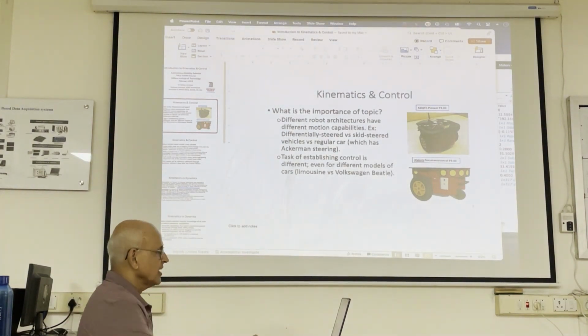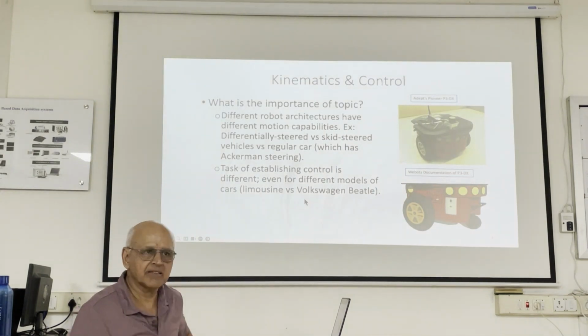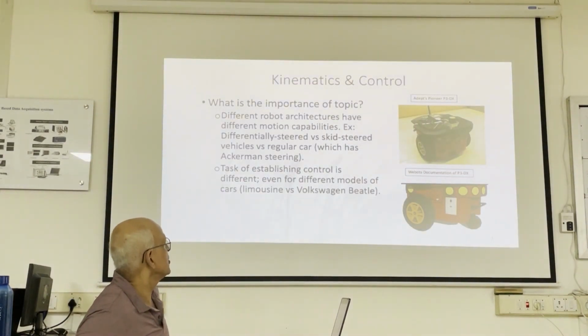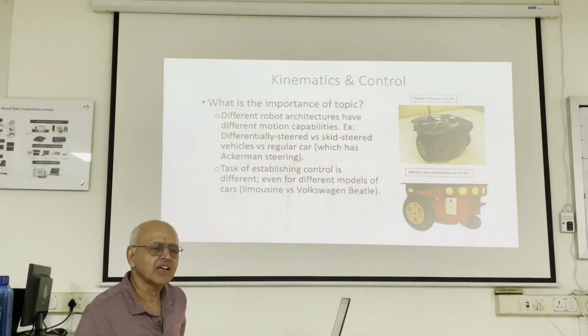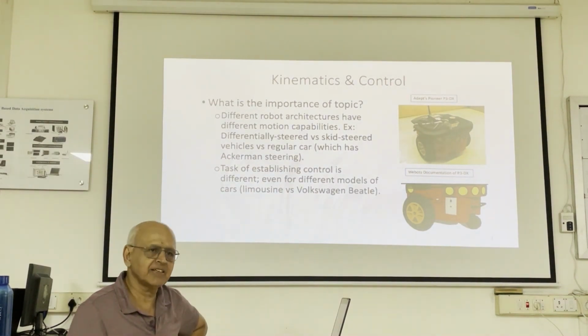Okay, now different robots including cars. I've given you an example here, a big limousine. A limousine and a Volkswagen Beetle don't behave the same. So in order to establish control, you first have to have a feel for how the robot moves. What are its capabilities in terms of moving?